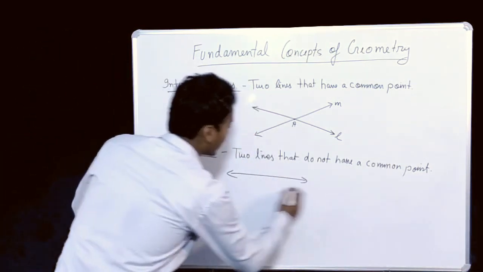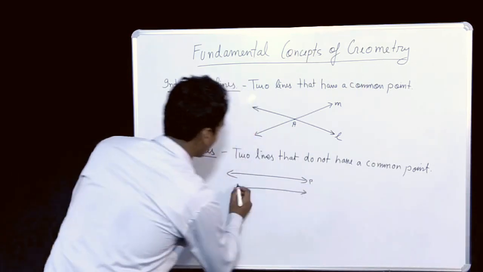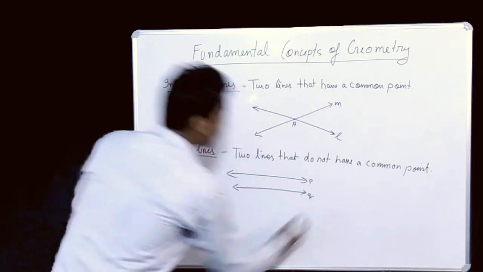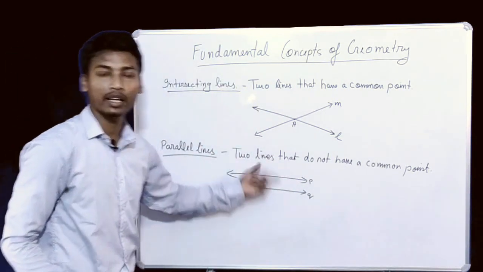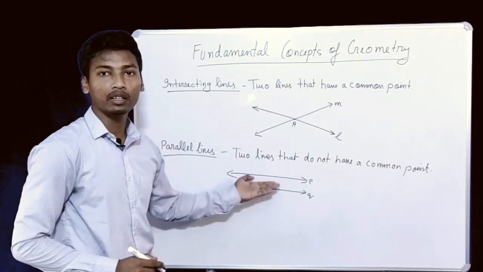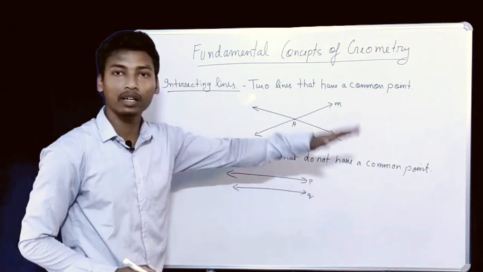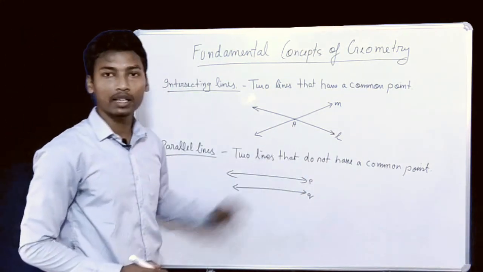Let's draw a line P here and a line Q. So here you can see P and Q, they are not sharing any common point. It means they will never meet each other. No matter where you extend it to that side or this side, they will never meet at any point.